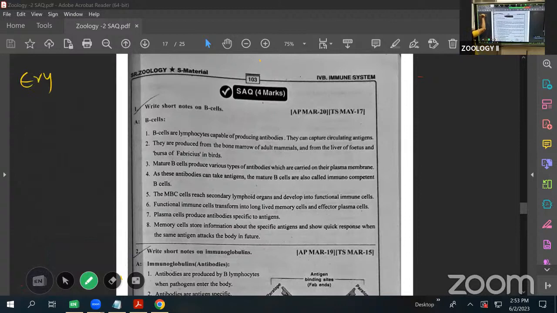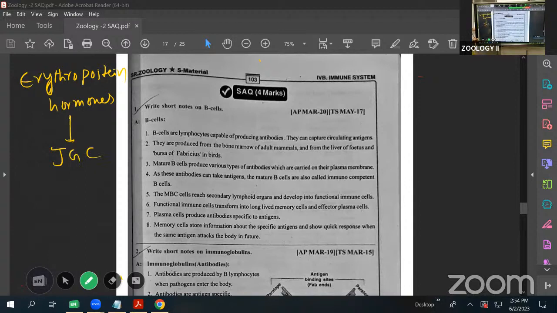Erythropoietin hormone. This erythropoietin hormone is mainly secreted by the JG cells, the juxtaglomerular cells.